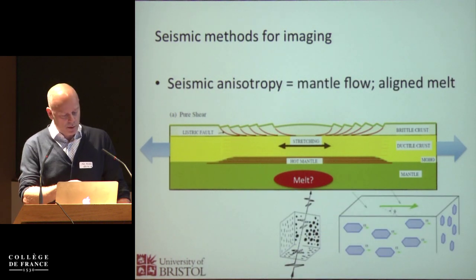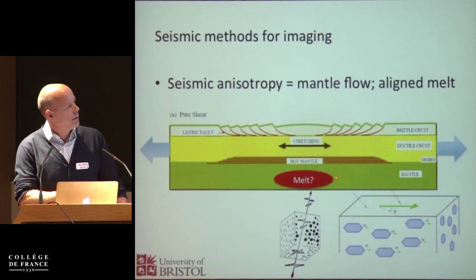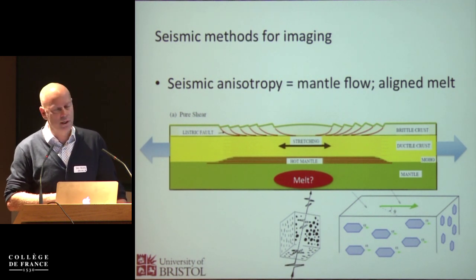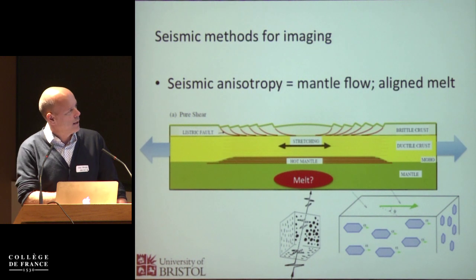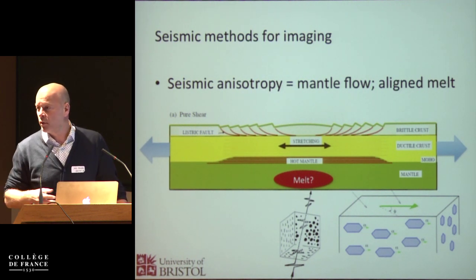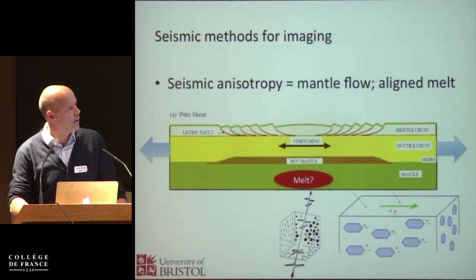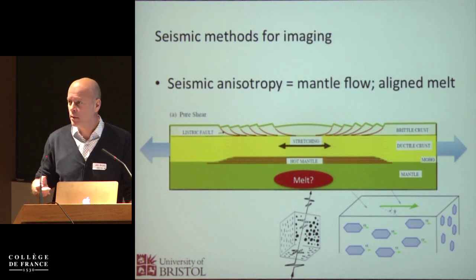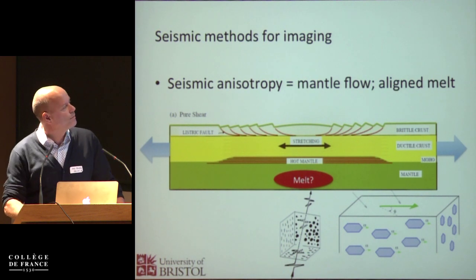And then finally, we can use seismic anisotropy to look at flow patterns, the flow regime around rifts, and to look at if there's evidence of aligned melt or fabric or layering in these areas. And I'm going to show you results from these three different approaches.